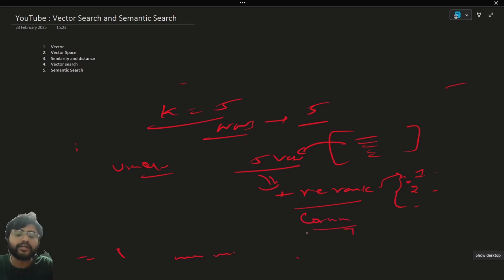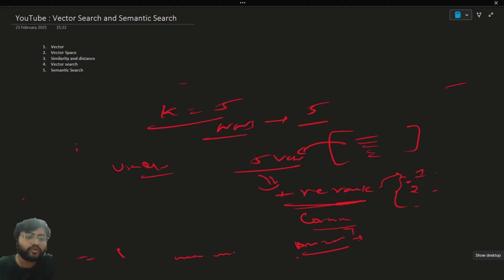Also, you can re-rank it based on BM25, which indirectly contains TF-IDF. So this way, if you are re-ranking the vectors which are fetched, then you are doing a semantic search.